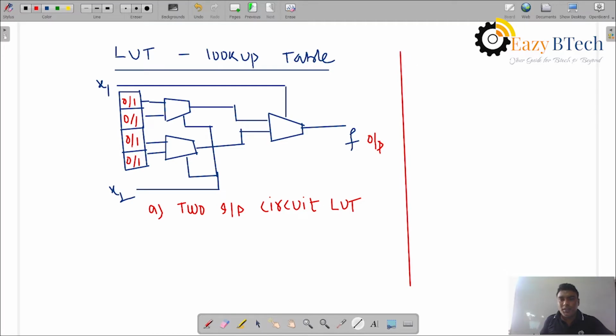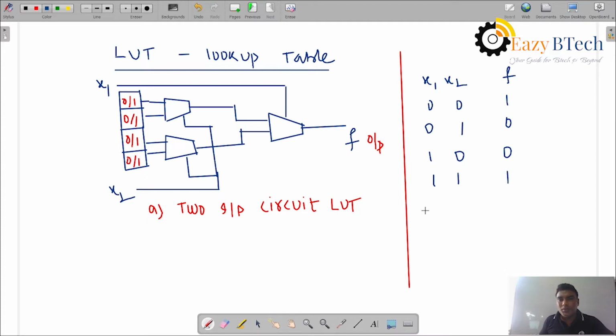So let us take the function. The functional truth table is X1 and X2: 0 0, 0 1, 1 0 and 1 1. Then the functional output is 1, 0, 0 and 1.